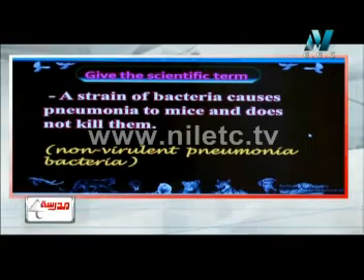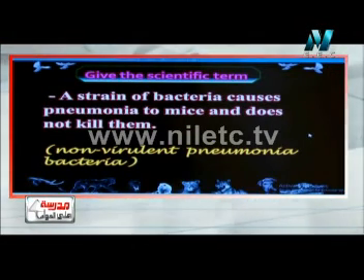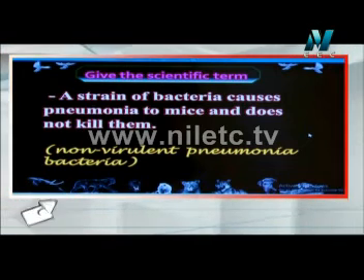The question asks about a type of bacteria causing pneumonia but not killing the mice. The answer is non-virulent pneumonia bacteria. Non-virulent means a bacteria which doesn't cause death of the diseased individual.